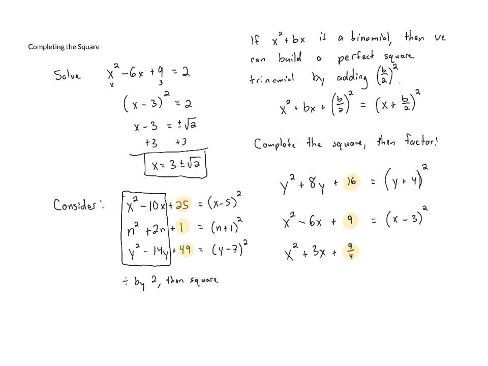So we end up with 9 fourths being the thing we need to add to complete the square. If we have an odd number here, then dividing by 2 leaves us with a fraction.